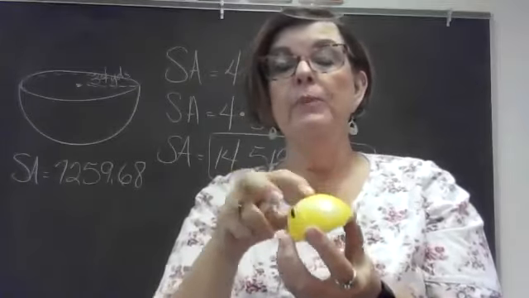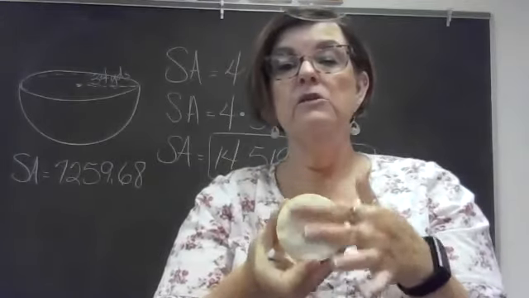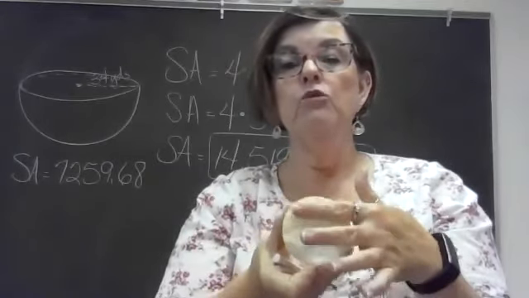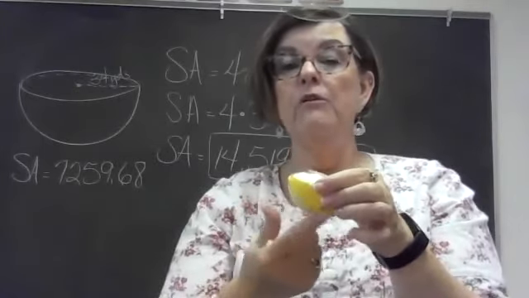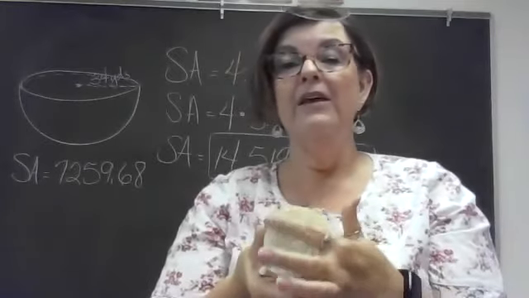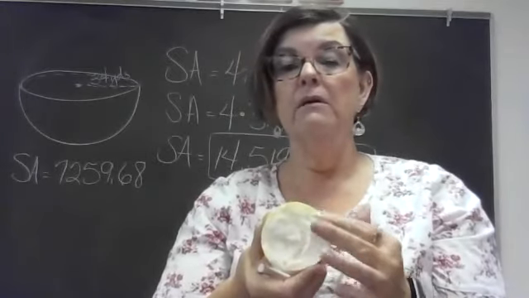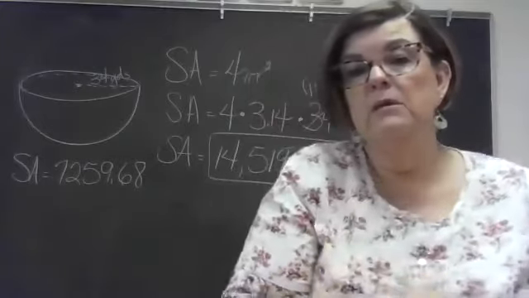But when we cut this open, we exposed another surface that needs to be painted. So not only am I going to cut the sphere in half, that's part of the answer, but I have to add the area of this circle right here. I have to add that now that I've exposed this part to paint.